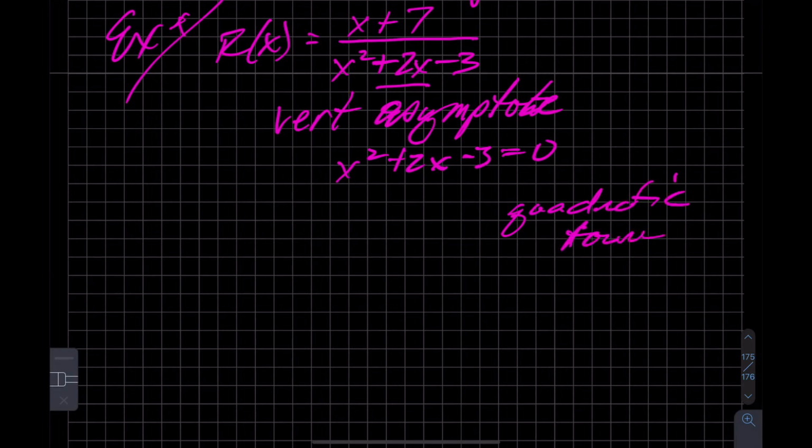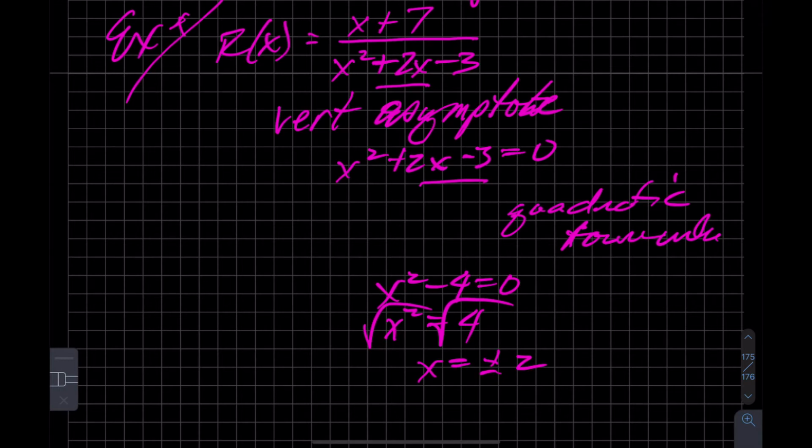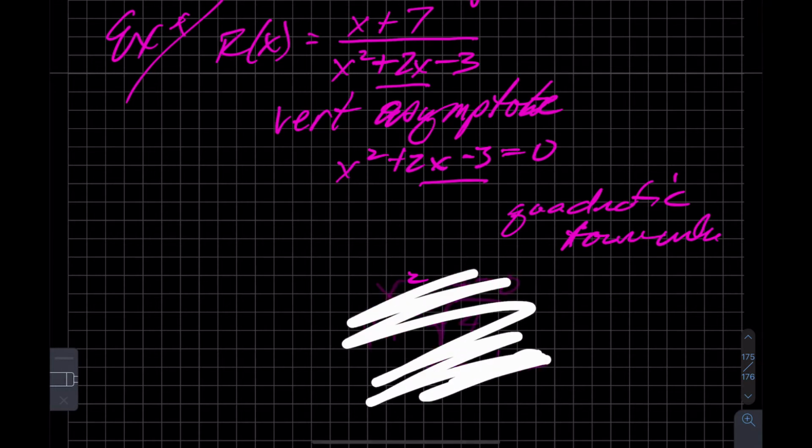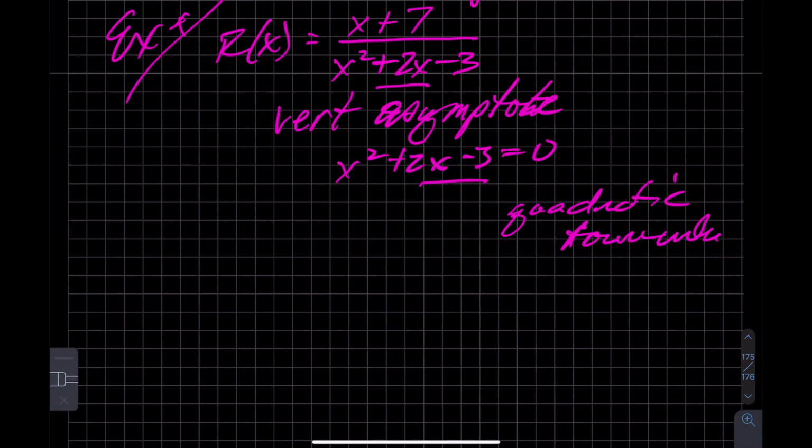You can just solve it, which you can't do with this one. But if you had like x squared minus 4 equals 0, you could just solve it by adding 4 to both sides and then taking the square root of both sides and getting x equals plus or minus 2. But we can't do that in this particular case because we have a trinomial. And so a third way is to factor.